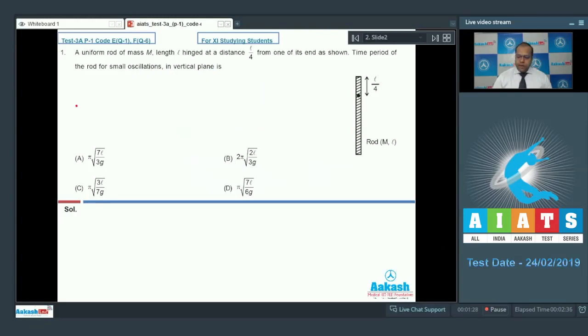So we know that the time period of a physical pendulum is given by T equal to 2 pi under root I by m g d. In this case, the value of I is mL square by 12 about the center of mass, plus m into L by 4 whole square, since the point of oscillation is at a distance L by 4 from the center of mass.